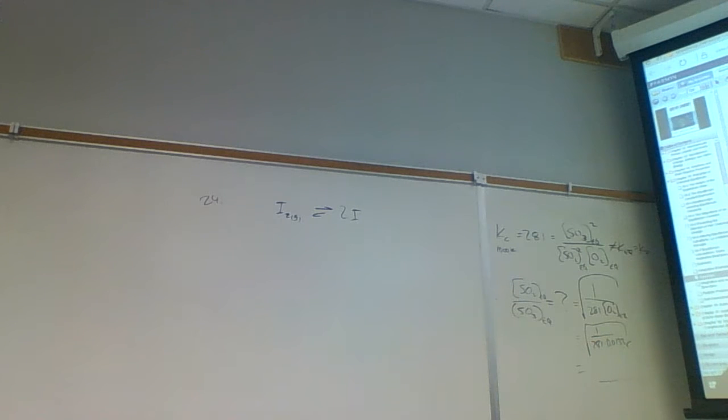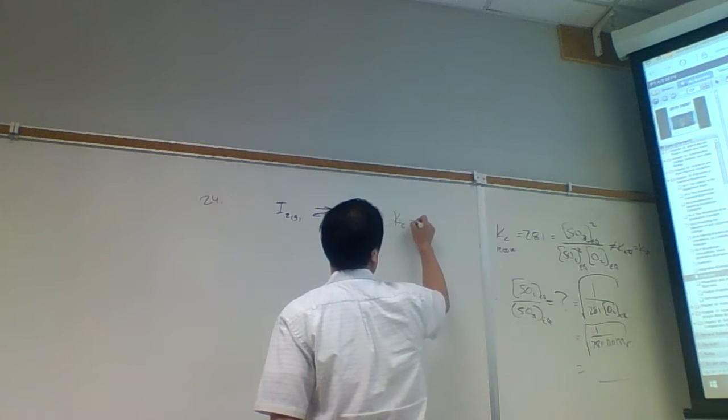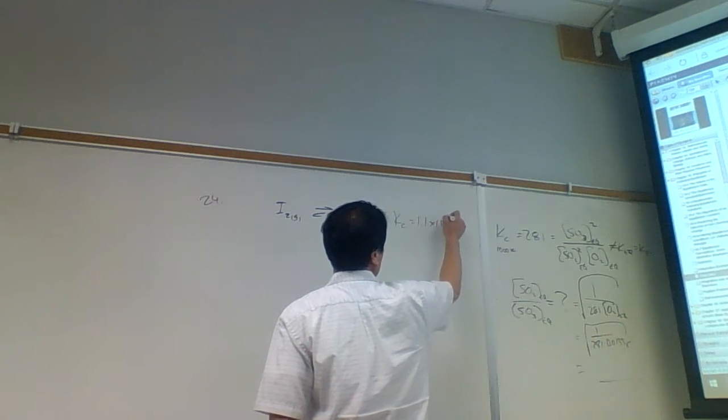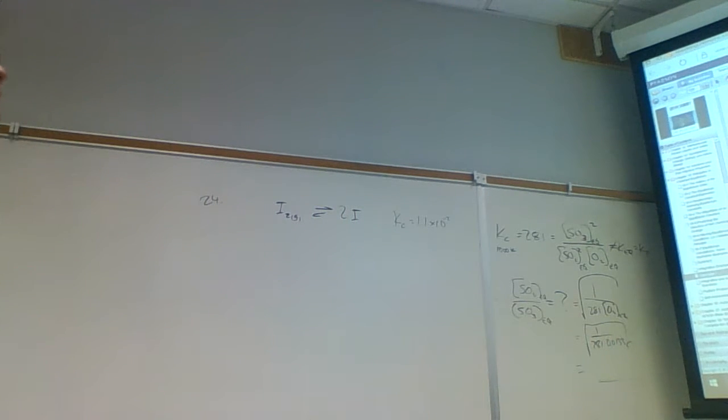But anyway, for this one, at 1200 degrees C, we have 1.1 times 10 minus 2. It's still not terribly big. What volume should we use if we want 0.037 moles of iodine atoms to be present for every 1.00 moles of I2 at equilibrium?